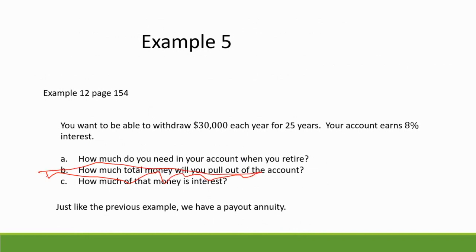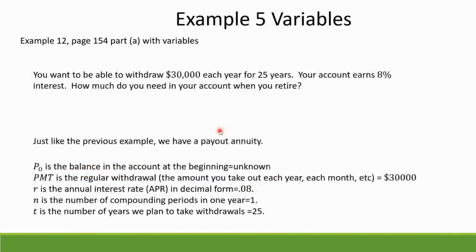I don't want to do parts B and C though. B we could actually complete, but part C I don't want to do. So we want to take out $30,000 each year for 25 years, and the account is earning 8% interest. We do have a payout annuity because there are multiple withdrawals.